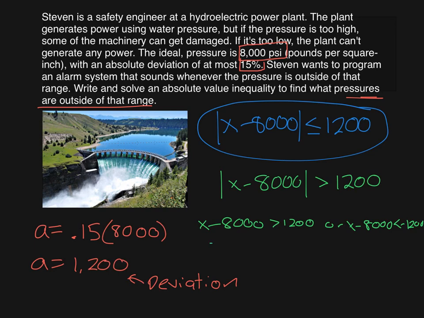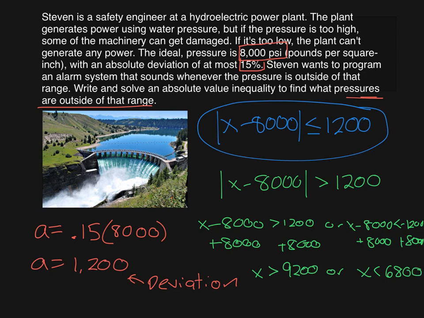And now when we solve these, we add 8,000 to both sides, and we get x is greater than 9,200, or when we add 8,000 over here, we get x is less than 6,800. So he's going to program the alarm to sound when x is over 9,200 psi, or if x is less than 6,800 psi.